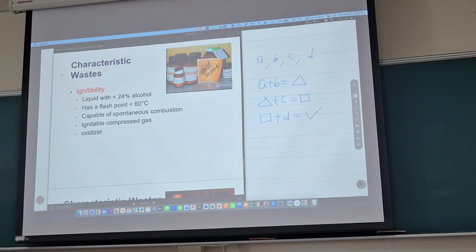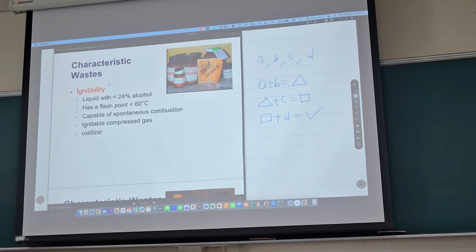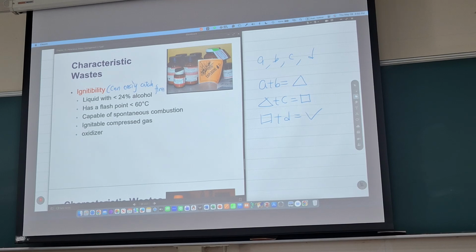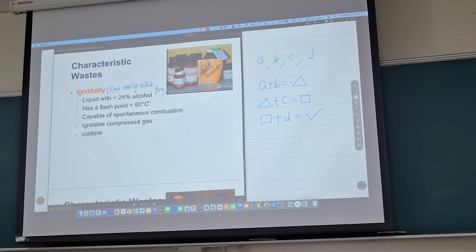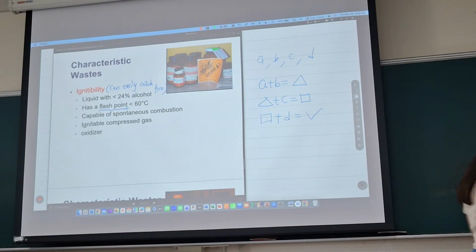Okay, next one. Ignitability. So this means how easily it can catch fire. Normally they will show you the flash point.